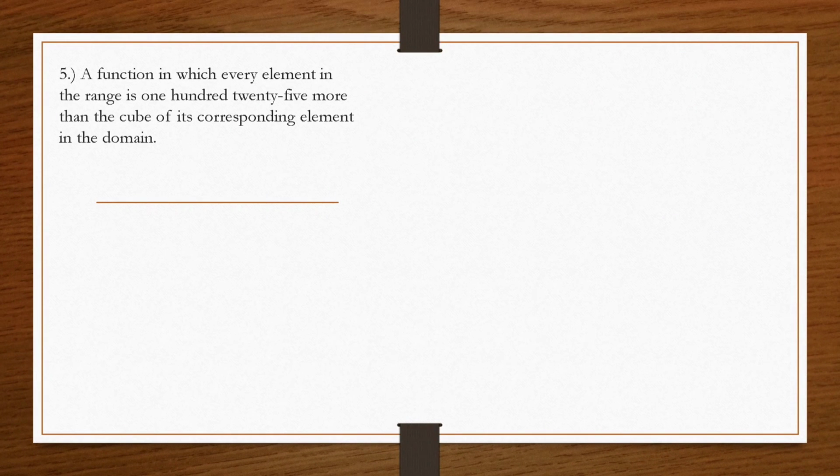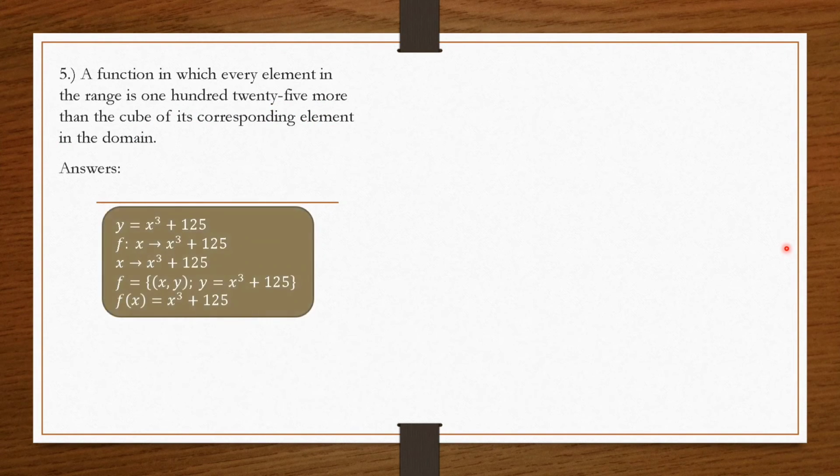In our last example, we have a function in which every element in the range is 125 more than the cube of its corresponding element in the domain. The answer is y equals x cubed plus 125. Where I got this is from here. The range is 125 more, so plus 125, and then the cube of its corresponding element in the domain, so x cubed, not squared again.